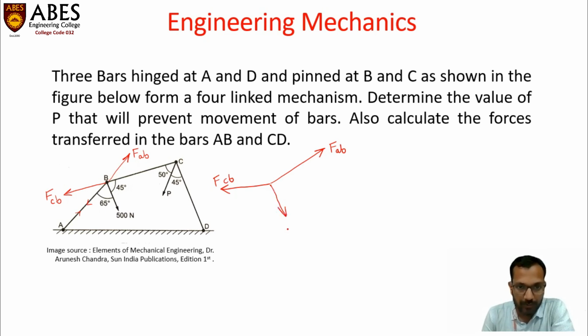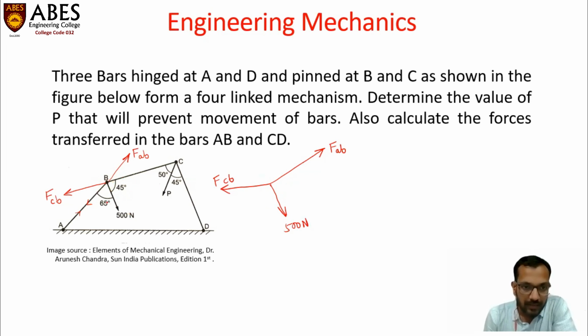And the magnitude is 500 newtons. Now, using the basic geometry of this figure, we can calculate the intermediate angles between these three forces. Point B is under static equilibrium under the action of only these three forces. So let's calculate the intermediate angles between these three forces.